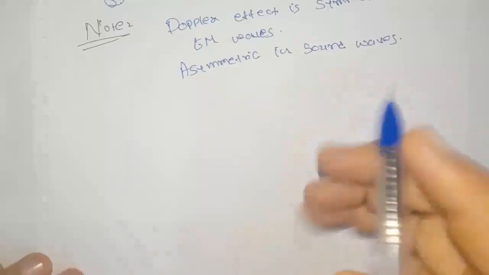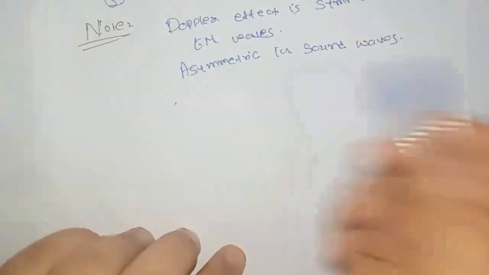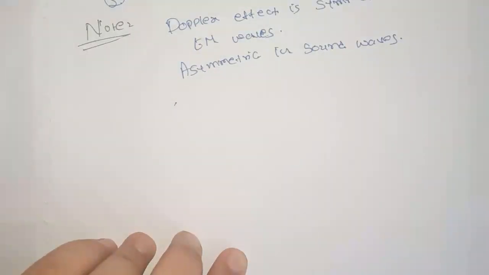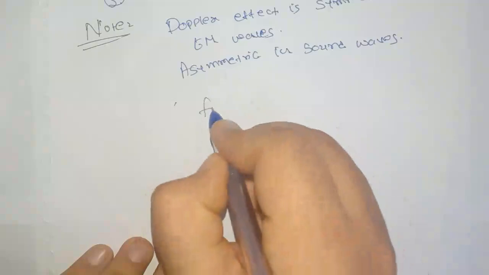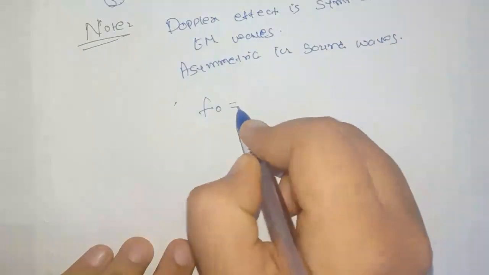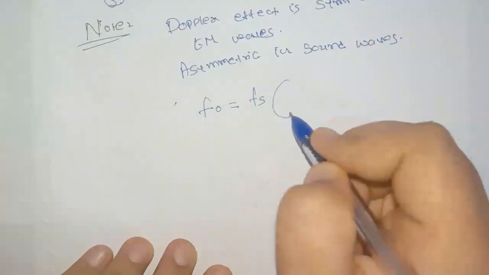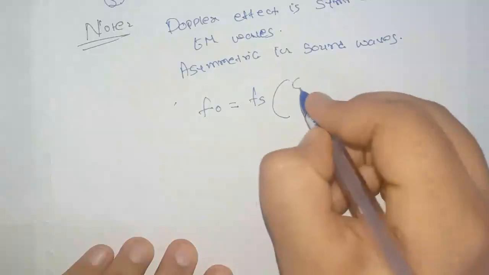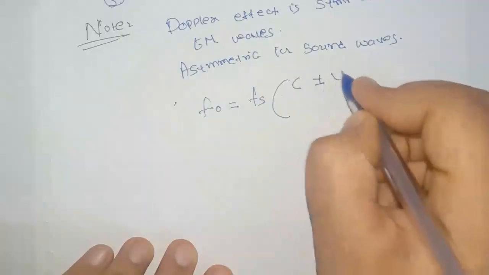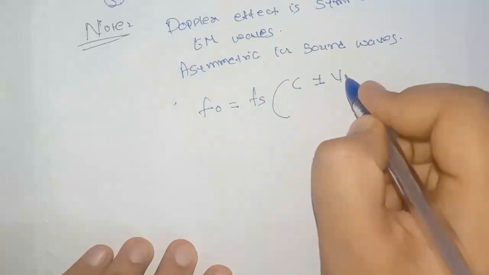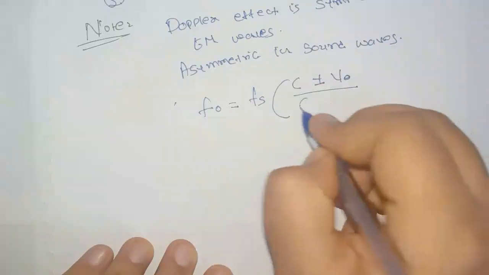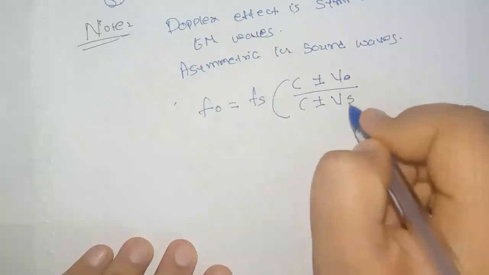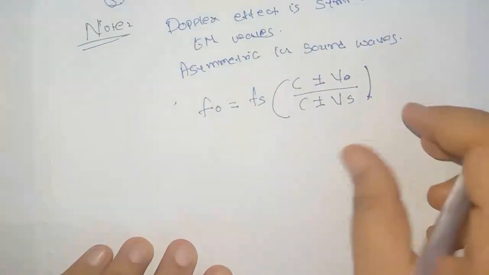So, the formula of Doppler effect is the frequency observed is equal to frequency of source into c plus or minus velocity of observer divided by c plus or minus velocity of source.